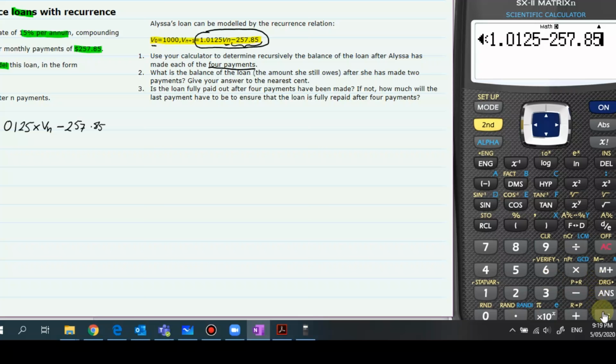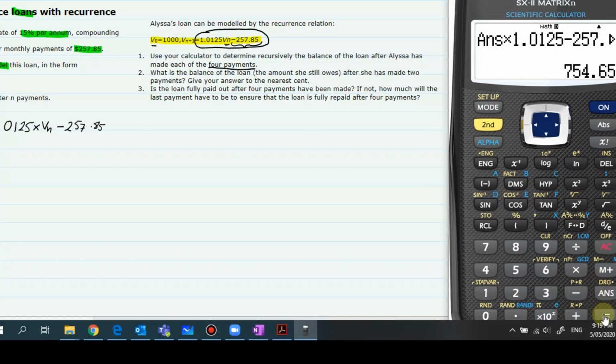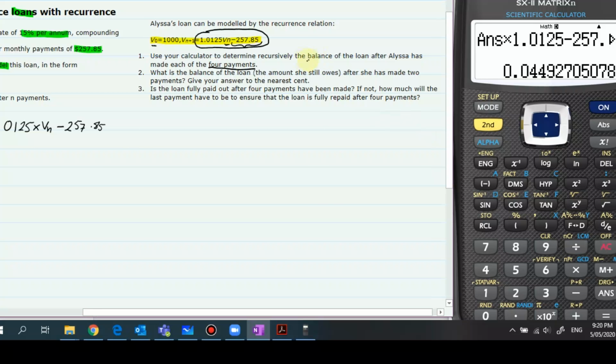So we're going to go over here, equals once, twice, 3 times, and 4 times. So it wants us to find the balance at that time. So the balance after the 4 repayments, so for question 1, the balance is, let's just round to the nearest 2 decimal places, 0.04. So she still owes 4 cents after that.